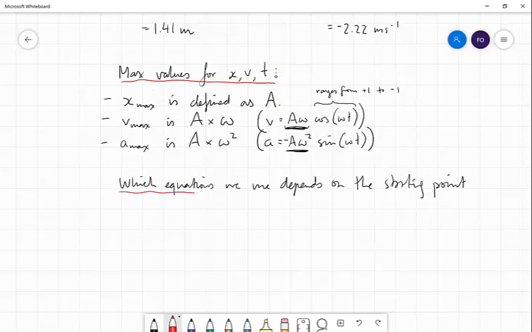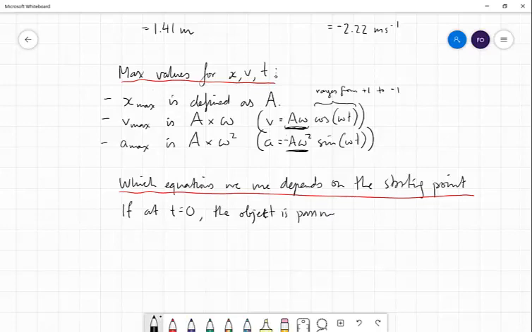So if at t equals 0, the object is passing through equilibrium, we use x equals a sine omega t.